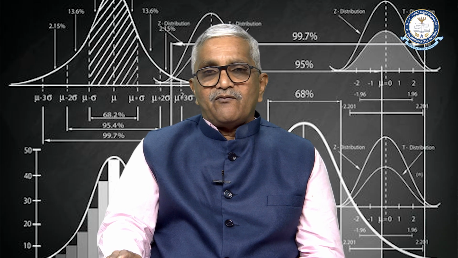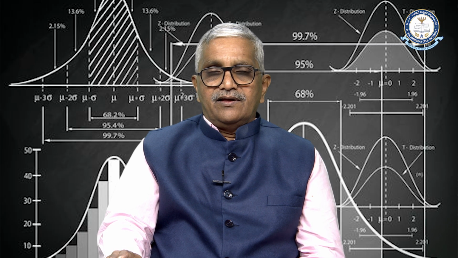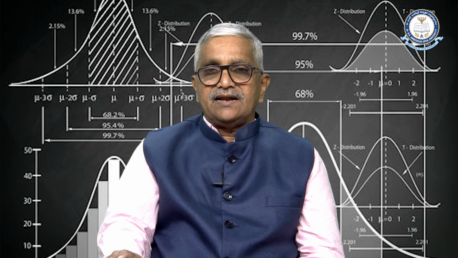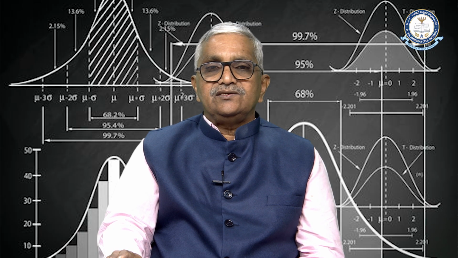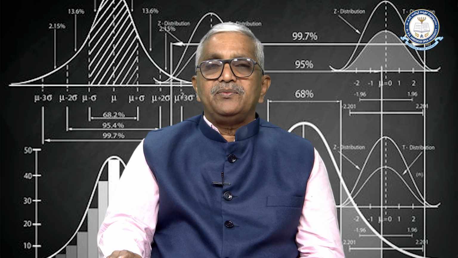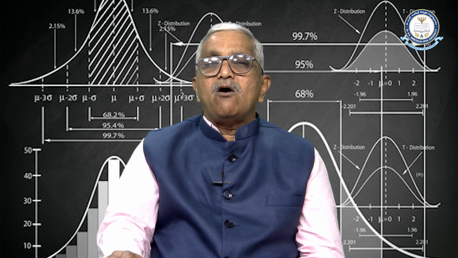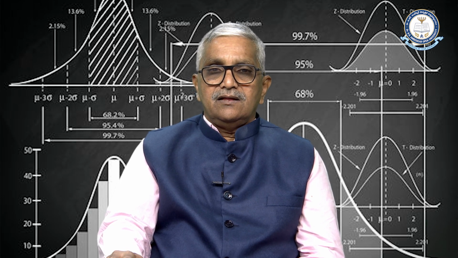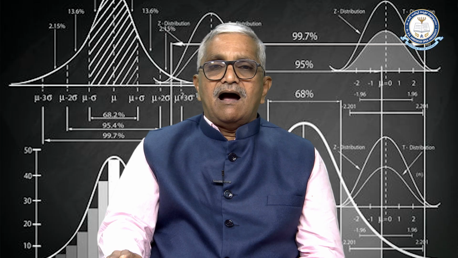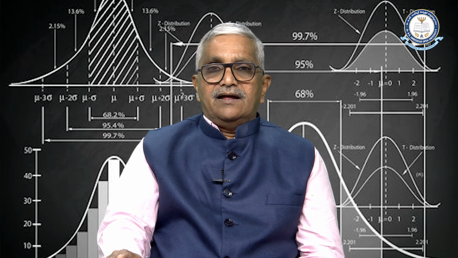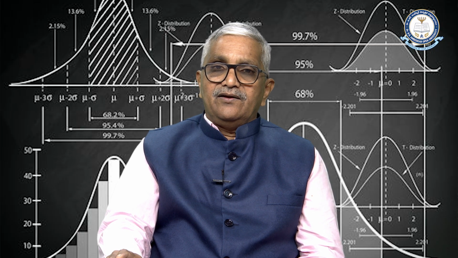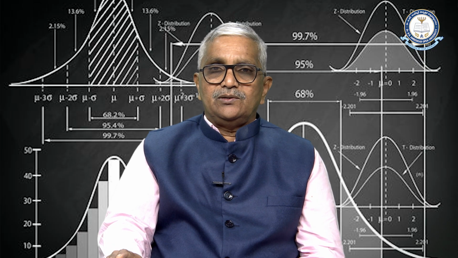The range tells the total spread of the data set. It does not give information about the distribution, or how values are spread around the mean, or how the extreme values are different from the other values in the distribution.